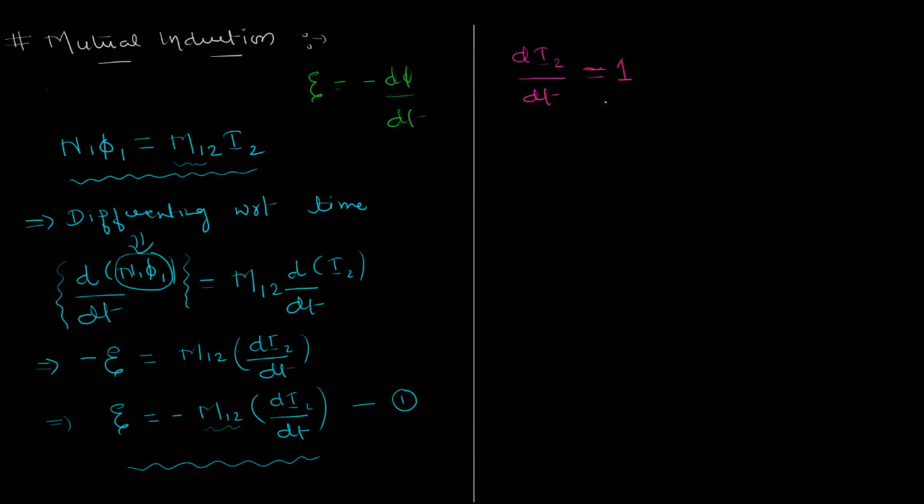If I can achieve that and focus only on the magnitude, then I can write that M12, its magnitude, is equal to the EMF itself, numerically equal to it, though they are completely different physical quantities.